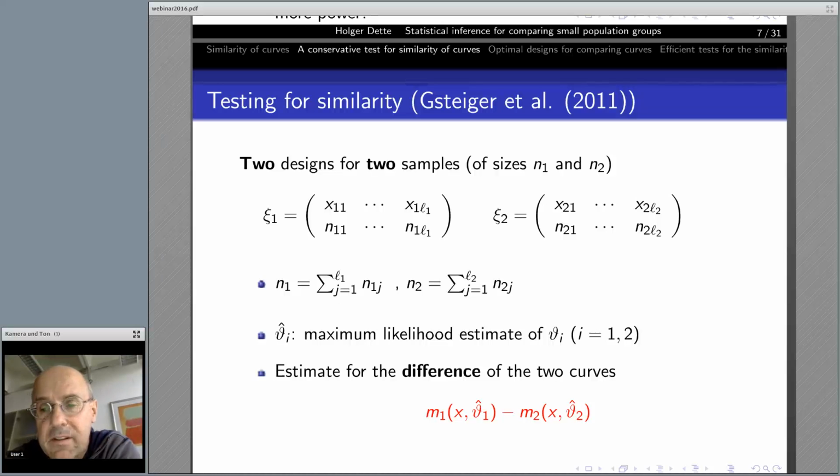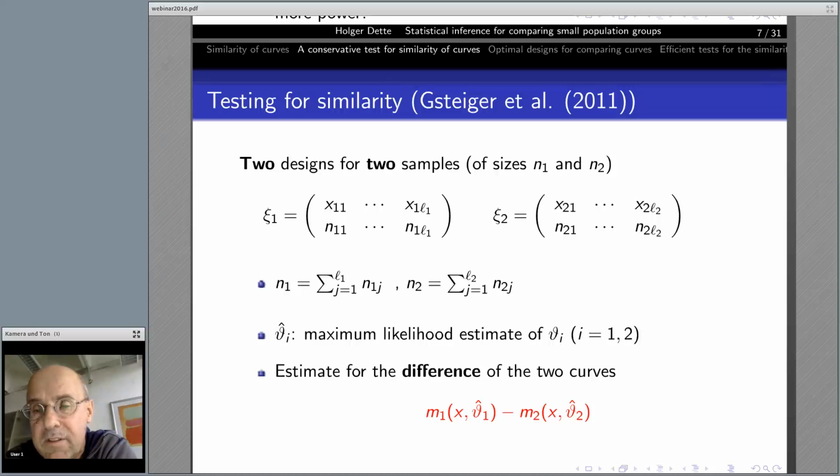We have dose levels x11 up to x1L1 in the first sample, and at each dose level we have observations. For example, in the first sample at dose level x11 we have n11 observations.